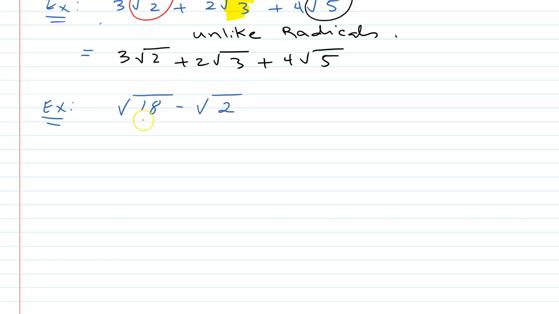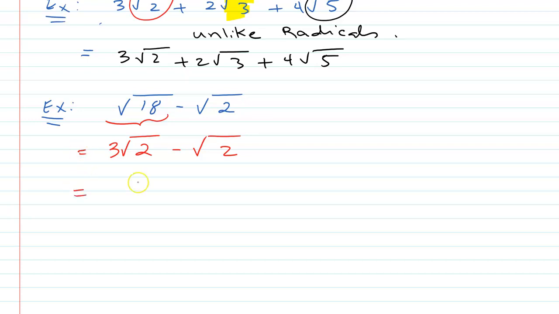So square root of 18, can we simplify that? Sure we can. This is the entire radical. We can change that to a mixed radical, and that becomes 3 root 2 minus root 2. Now 3 root 2 is root 18. If you've forgotten how to do that, make sure you go back to the very first section on changing entire radicals to mixed radicals and vice versa.